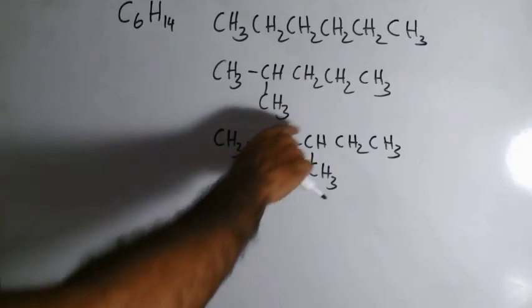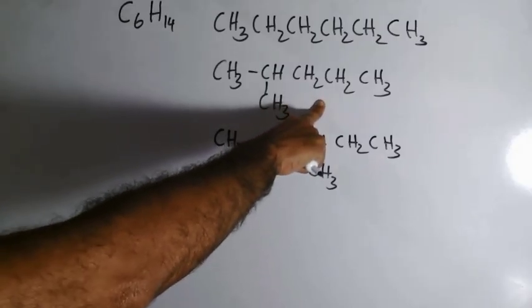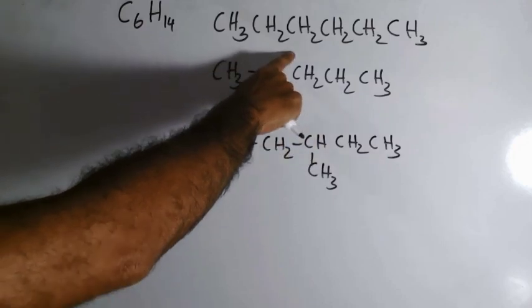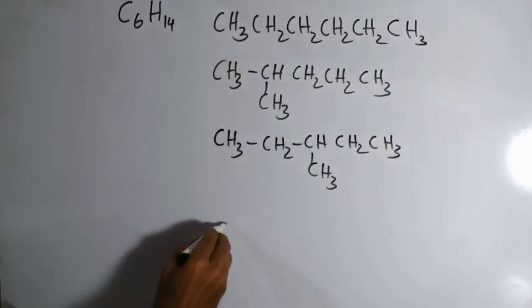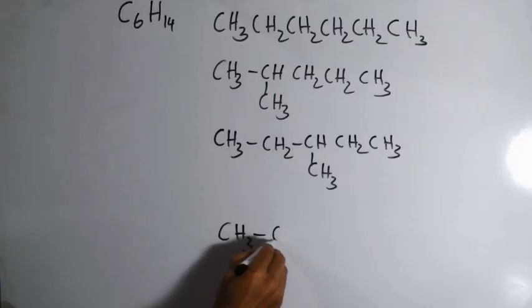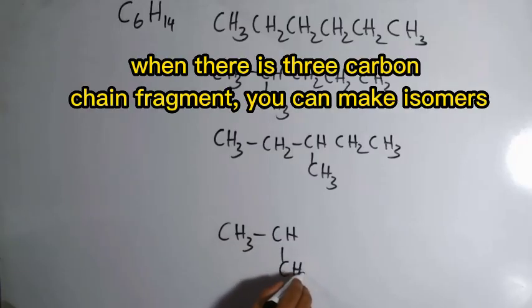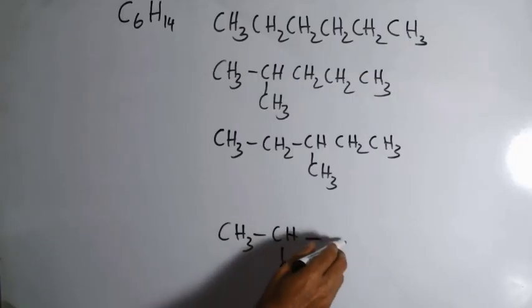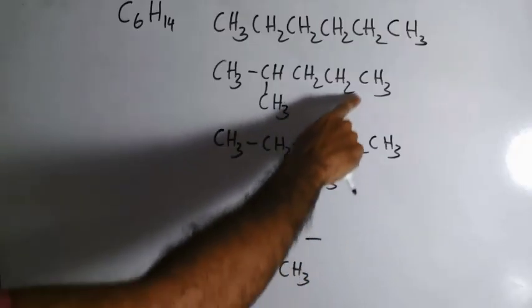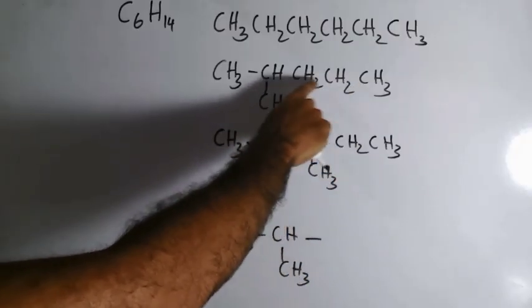Now I am going to take this isomer and change only part of this one. What I am going to do is remove this methyl group and connect here.